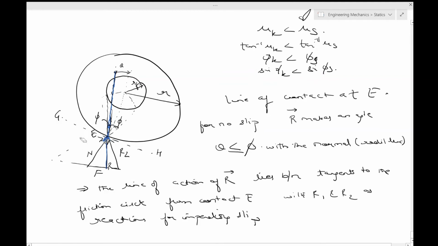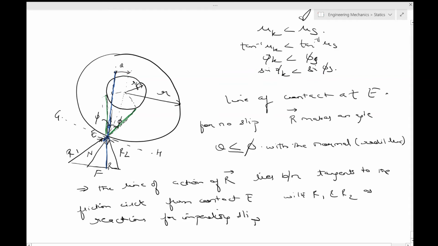So R1 is actually along this tangent. This is R1. So you can see that this lies between the tangents to the friction circle. These are the two tangents to the friction circle from E, and they have these respective reactions for impending slip as R1.